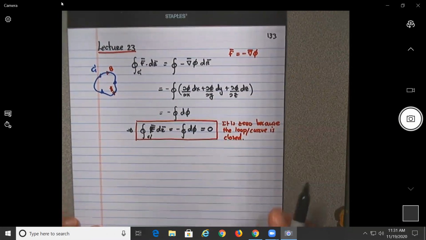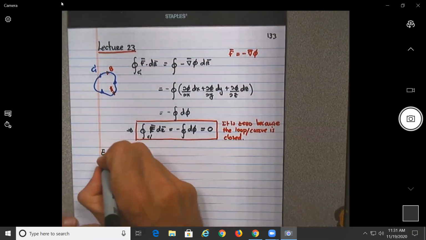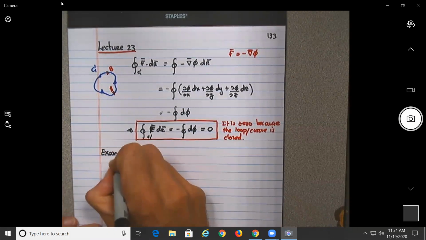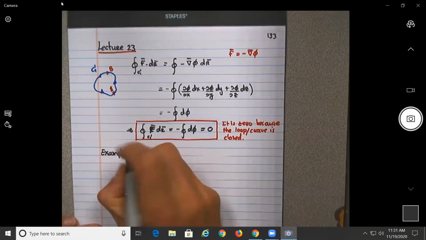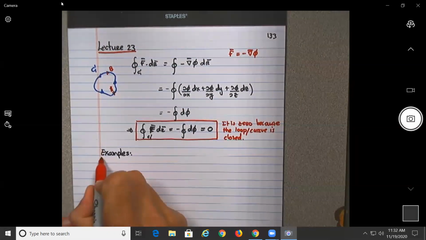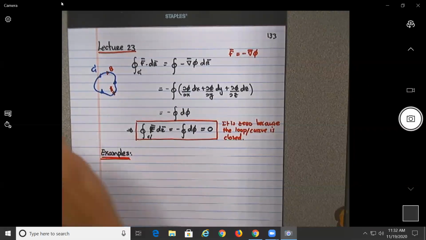Okay, so I know I mentioned the examples to you in class, but since we have time, let's just put the examples here. Very quick. Okay, let's start maybe with the first one.